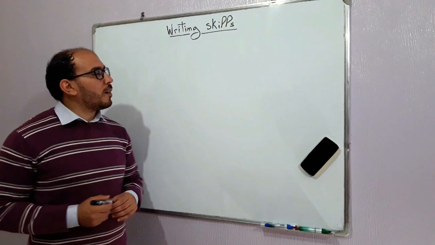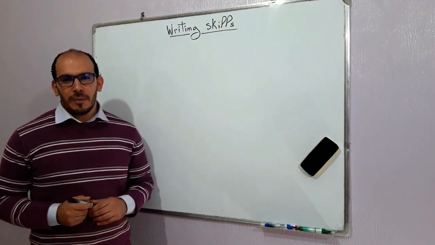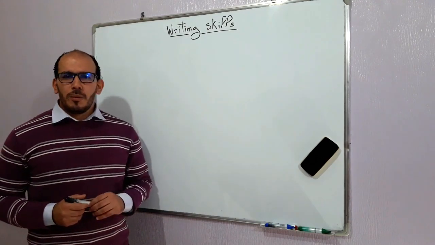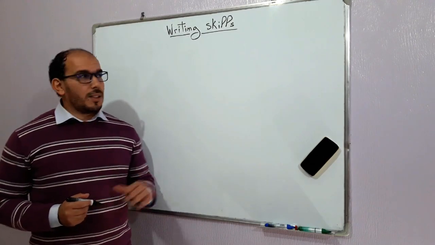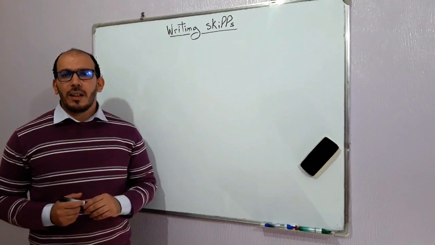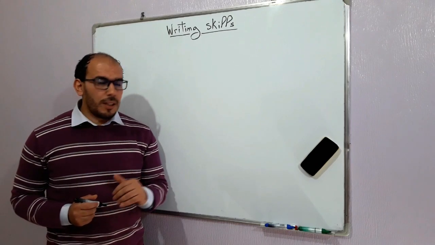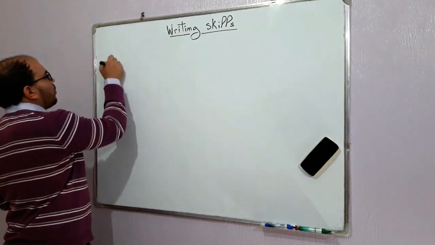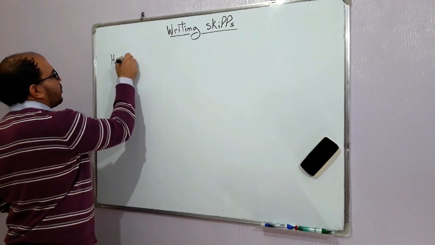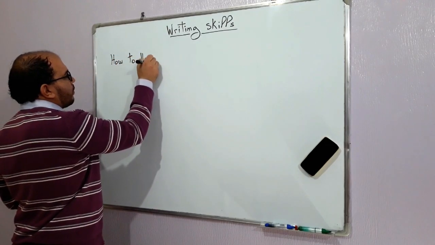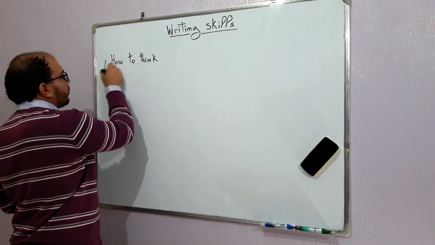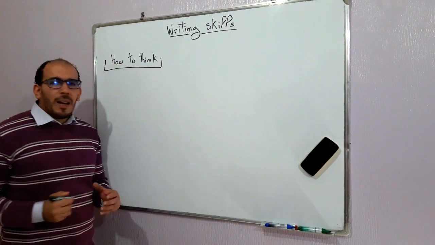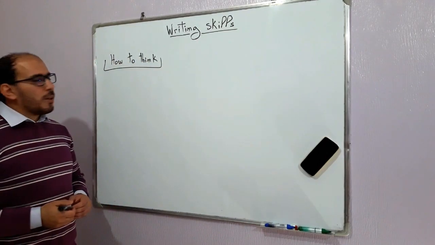So welcome for everyone. The first thing to mention here when we speak about writing activity is the fact that writing activity is based on three pillars. The first one is how to think. Right, so how to think about a given topic.